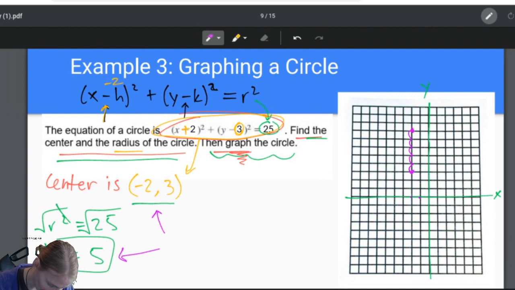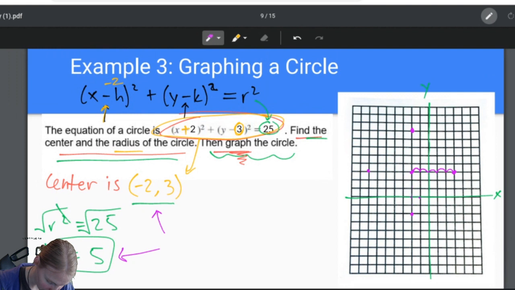Then it's easy for me to see there's another point on the outside of the circle. And I can do this way. 1, 2, 3, 4, 5. I can do it this way, and this way, counting 5 each time.